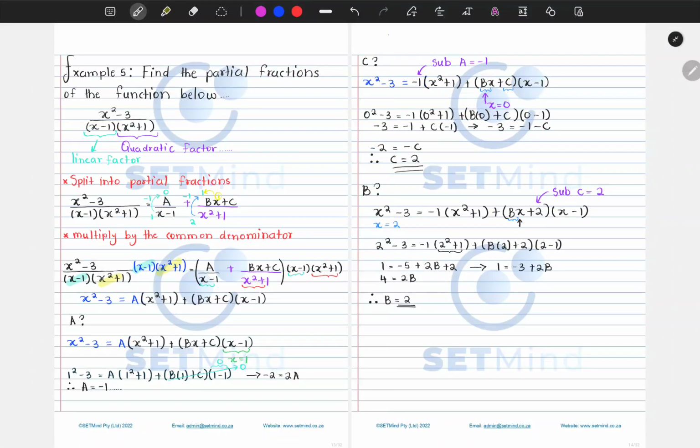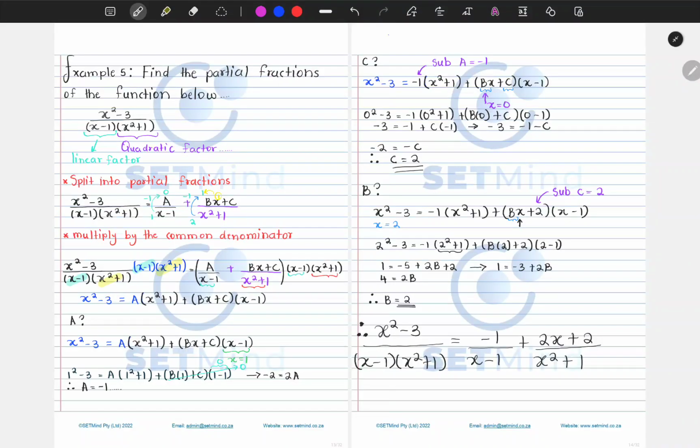We can now go back and sub in and see what we find is our final answer. So therefore, what we were given, which was x squared minus 3 divided by x minus 1, x squared plus 1, will simply be equal to the a we found as -1, so it will be -1 divided by x minus 1 plus, we found our b, which is 2, so it will be 2x plus our c we found also as 2, so it will be plus 2 divided by x squared plus 1.